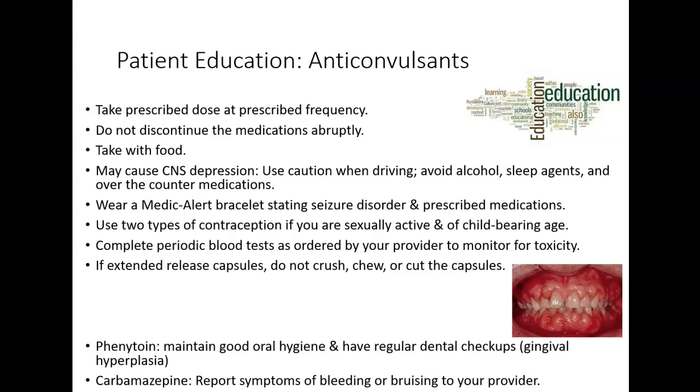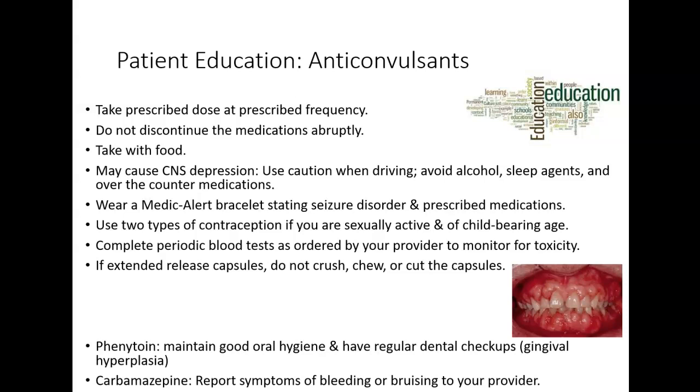Use 2 types of contraception if you're sexually active and of childbearing age. That is for the female. And blood tests we talked about. And if there are extended release capsules, do not crush, chew, or cut them. You guys already know that. Okay. And then of these 3 drugs, phenytoin, which is also known as Dilantin, again, maintain good oral hygiene.